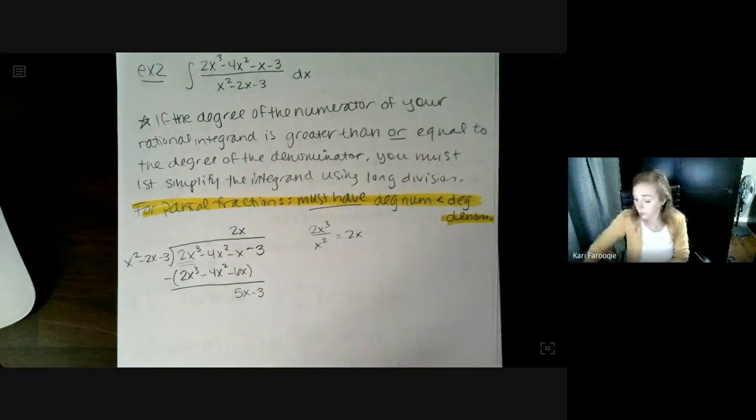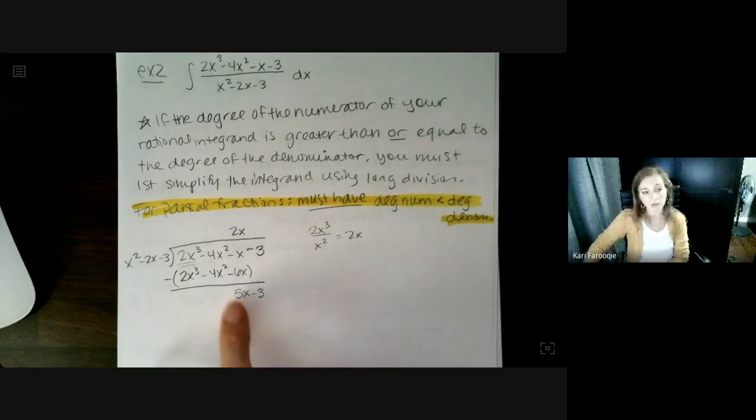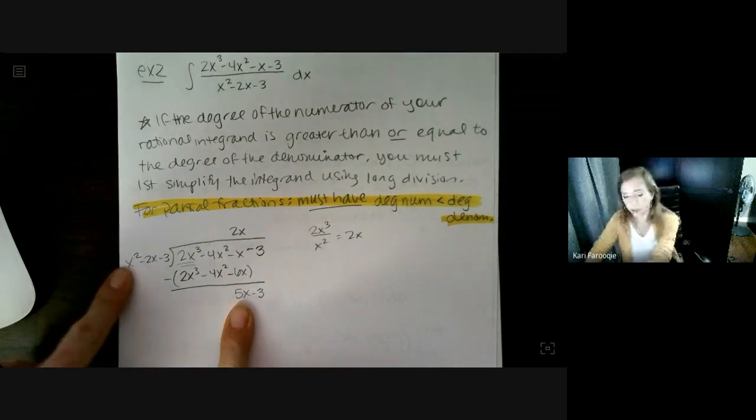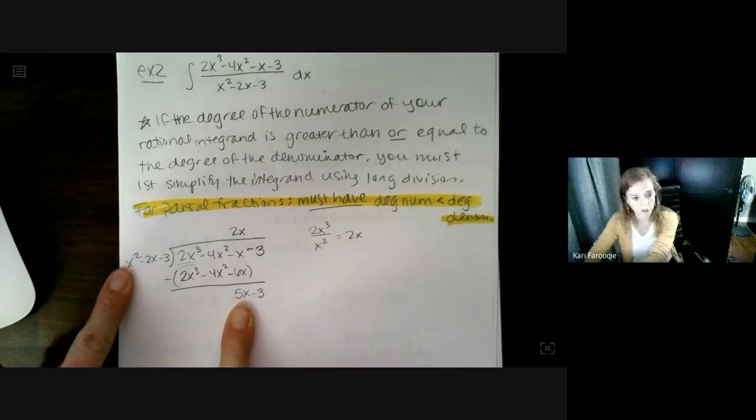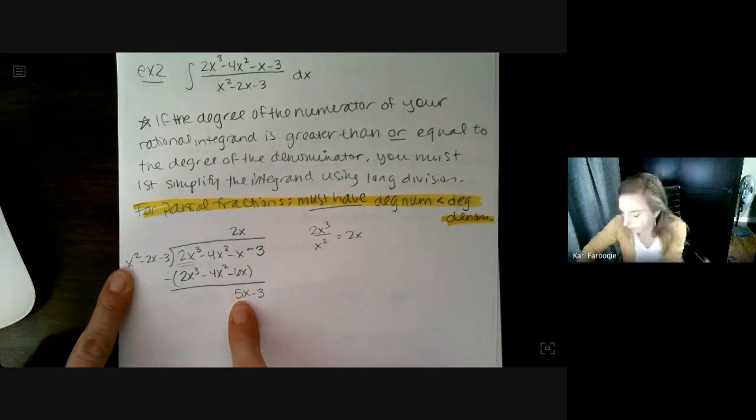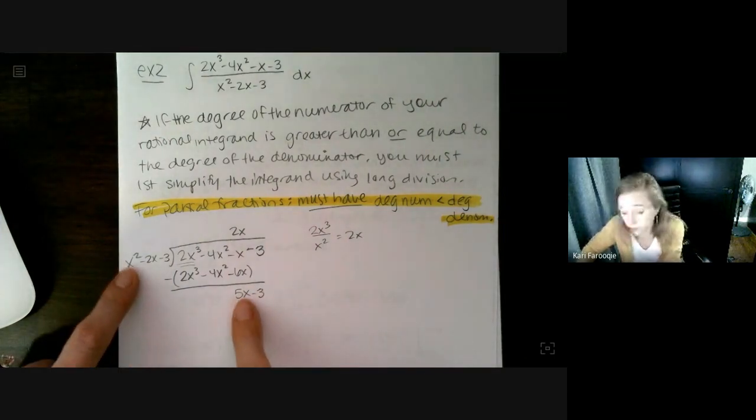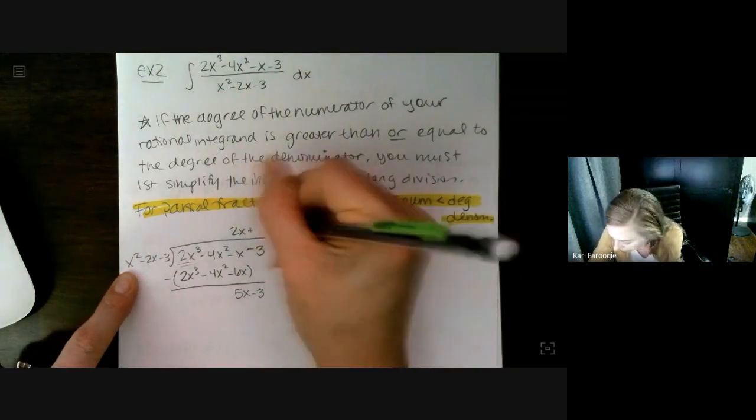Now, if you get to the point where what you have left over at the bottom is a lower degree than what you have in your divisor, then you're done. You can stop using long division, and you can just write this remaining portion as your remainder. If they're the same degree, you need to repeat the process over again. But right now, I'm just going to say that this is plus.